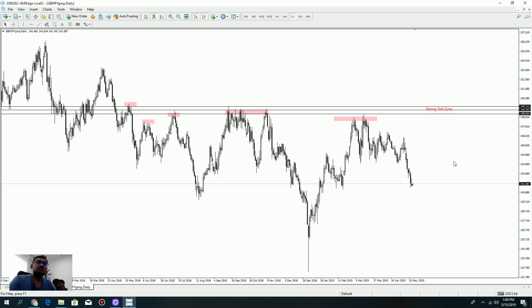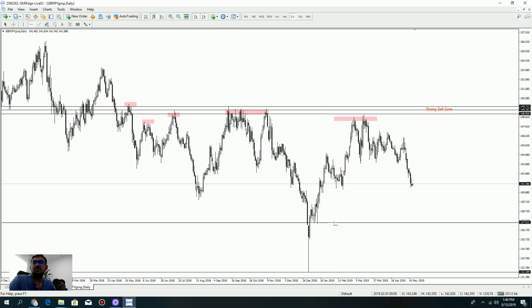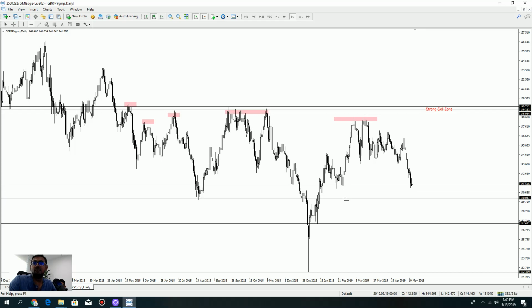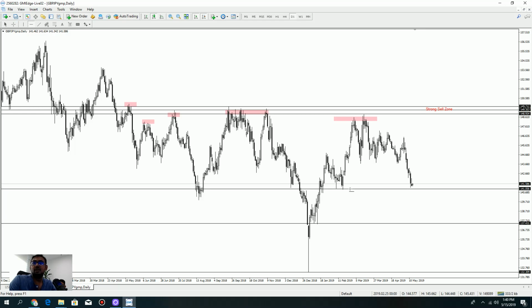Now where is the strong buy zone? So I'm going to mark the same thing. The extreme low is over here. The second extreme low is somewhere here, and the average low point somewhere here. This point you can consider here, because at this point there's a lot of points triggered.